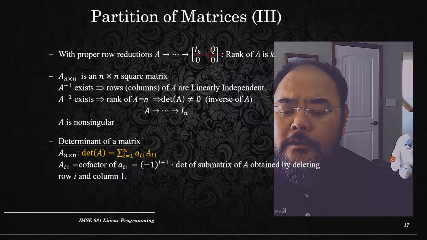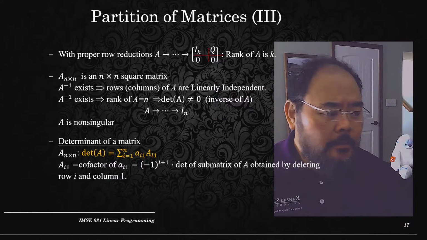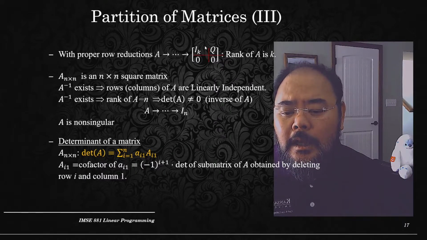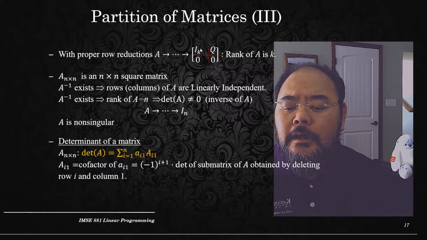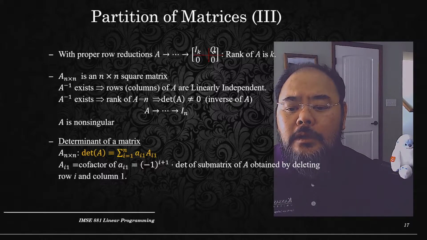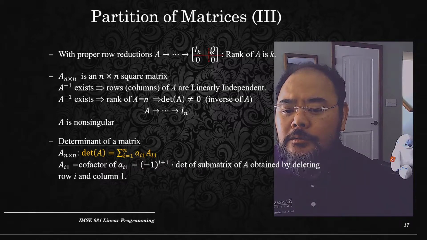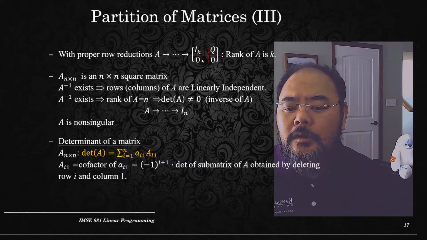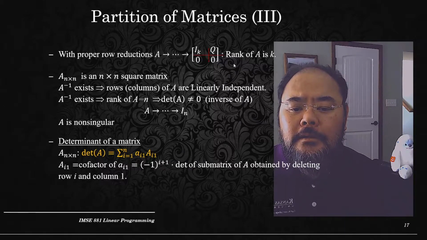So if we continue to do so, this is called performing elementary row operations, and we can reach a matrix A whose upper left corner is an identity matrix called I sub k, meaning a k-dimensional identity matrix, and the Q on the right-hand side is the non-zero part of the matrix, and the bottom part could be several rows of all zeros.